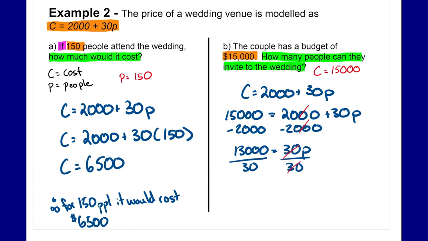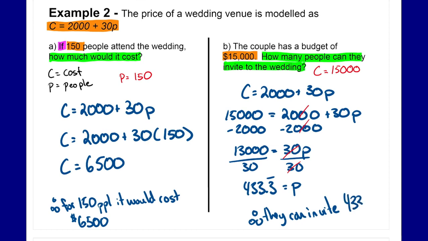And we're left with 433.3 repeating is p. So therefore, they can invite 433 people.